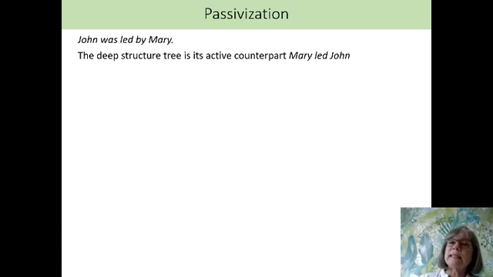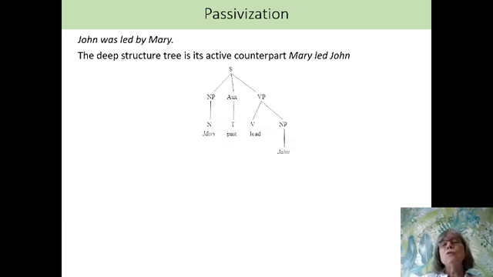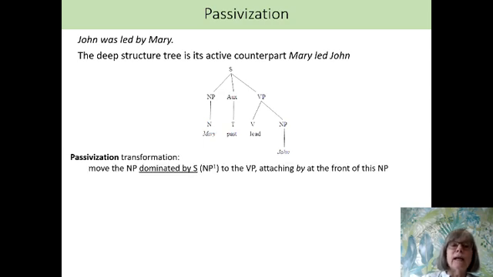So if we're doing a syntactic analysis, we would do the tree for the active sentence, a simple tree, you're very used to these by now, and then it would undergo a passivization transformation. That involves moving the NP dominated by the sentence, which is in the subject position. The NP dominated by sentence is always the subject, NP1.